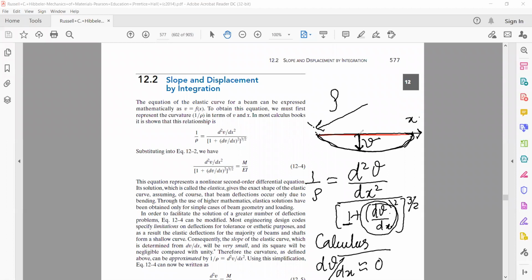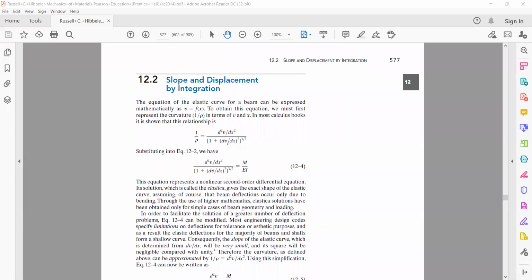When the value of the deflection is large, then the value of d nu by dx will also be large. When the deflection nu is very small, the value of d nu by dx will approximately be equal to 0, because the tangent at any point will almost be parallel to the x-axis.